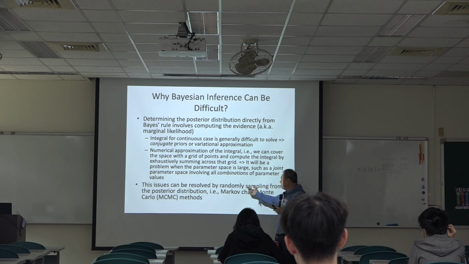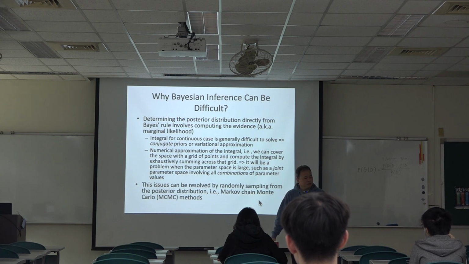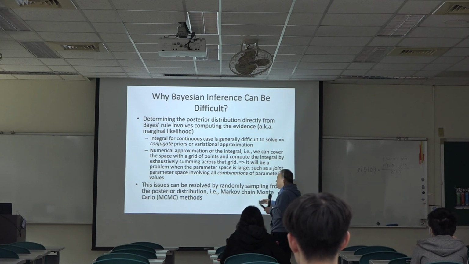This random sampling technique is called the Markov chain Monte Carlo method, and it was actually derived less than 50 years ago, about 30 or 40 years ago, by a student named Metropolis and his advisor. Actually, his advisor has more contribution. But anyway, that's the beginning of the MC method.